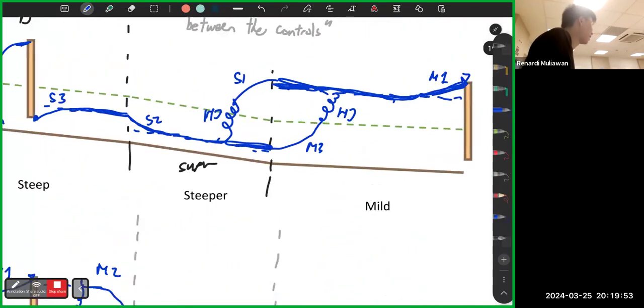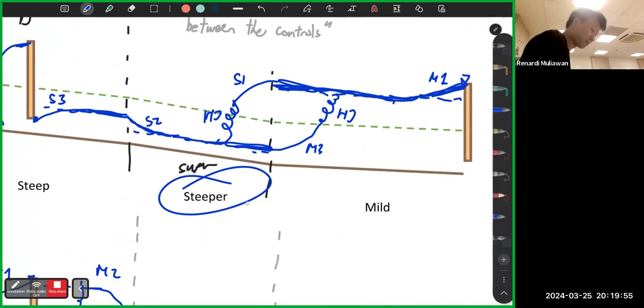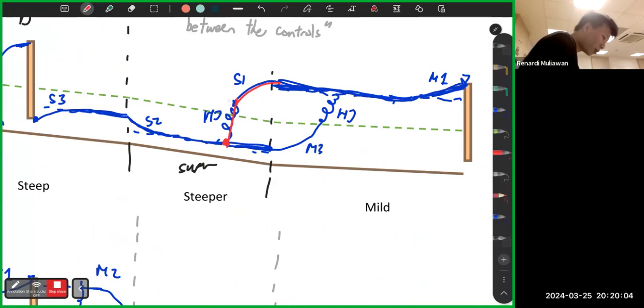If you have a steep and a mild, there are two possible cases. It goes from this depth, hydraulic jump to this depth, S1. Or we can go up first from here, hydraulic jump to this depth. So how do you know which one is correct? Is it this one or this one? If you are asked to draw only, you can draw both, because both are possible cases.